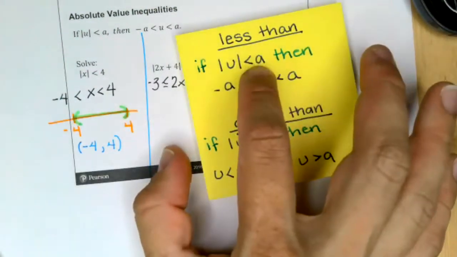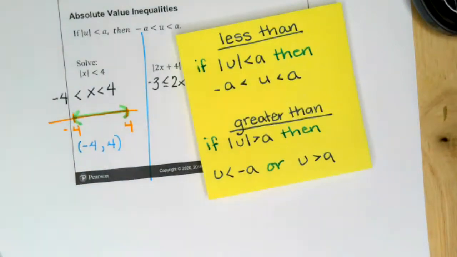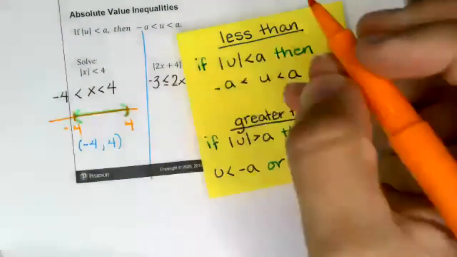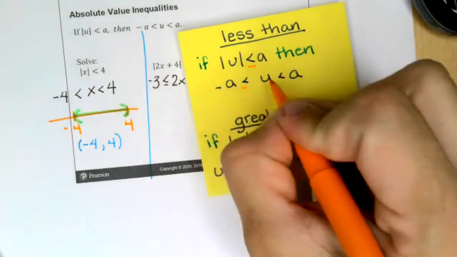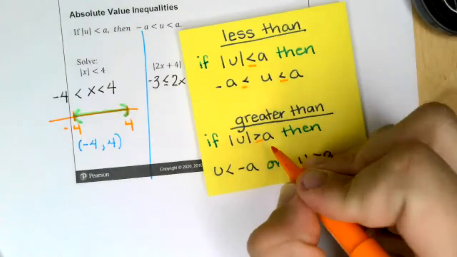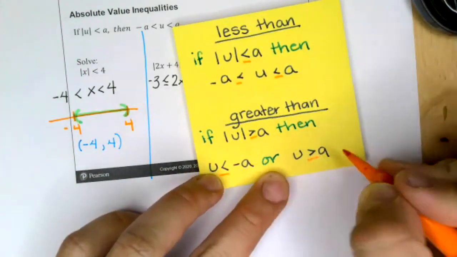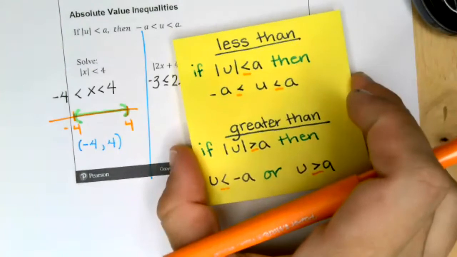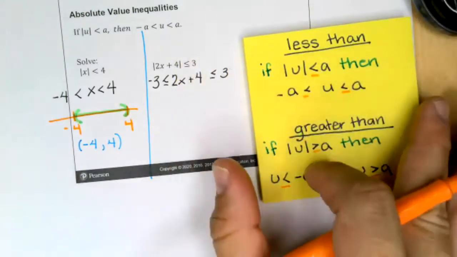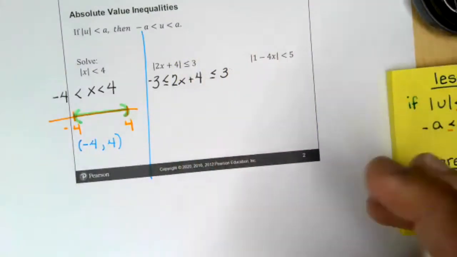Okay, so it could be this. It does not change anything if it also has the equal to. Exact same rule, okay? Yikes, I forgot to say that in class today. Sorry, guys. So same rule, whether or not it has the equal sign.